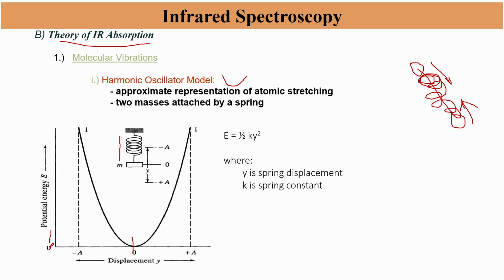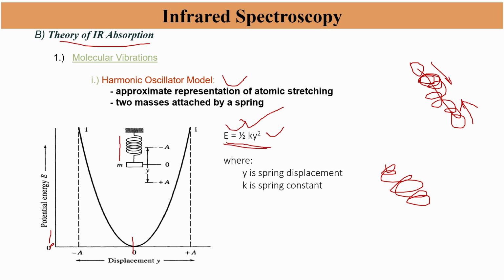So the potential energy increases in both cases, whether the spring is compressed or expanded. In both cases, energy is stored in the spring. This is a parabolic equation, because the energy can be expressed by this formula: E is equal to 1 upon 2 k y square, where y is the displacement and E is the energy.